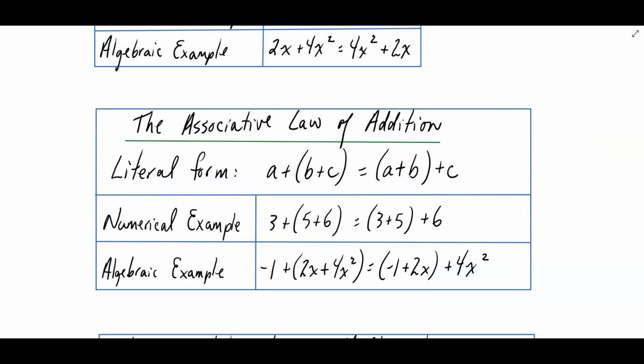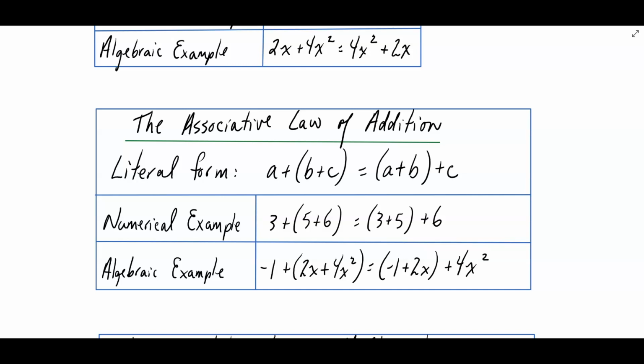There is also the associative law of addition. Associative means that it doesn't matter what order we perform the operations in. We can use different groupings and we still get the same result. The literal form of the equation looks like a plus bracket b plus c end bracket is equal to bracket a plus b end bracket plus c.